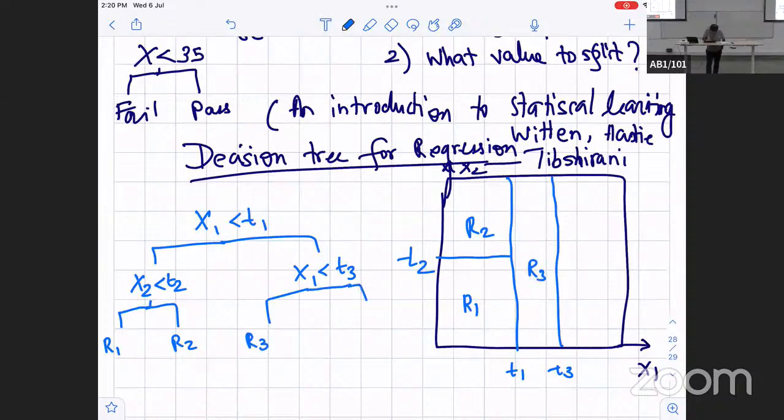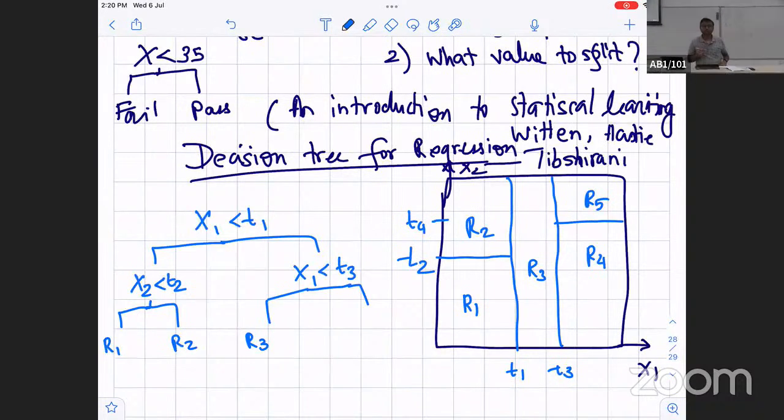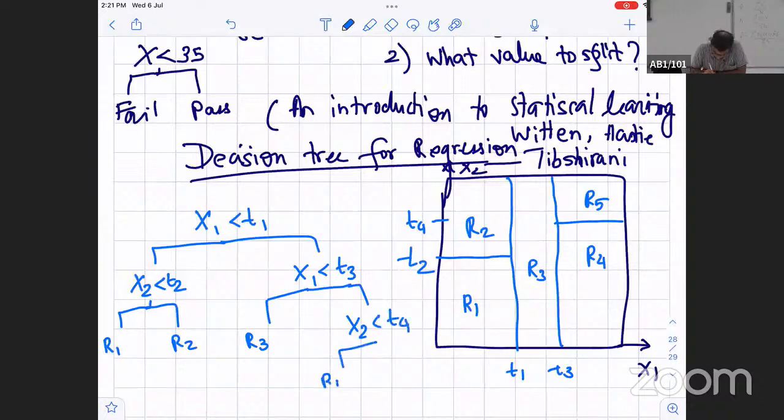If it is greater than t3, I want to do something like this. Say this is t4. How do I get R4 and R5? x2 is less than t4, that is going to be R4, and if it is greater, then it is R5.